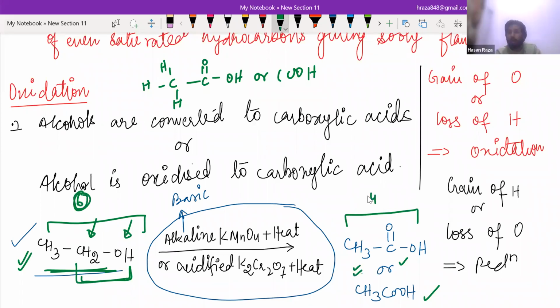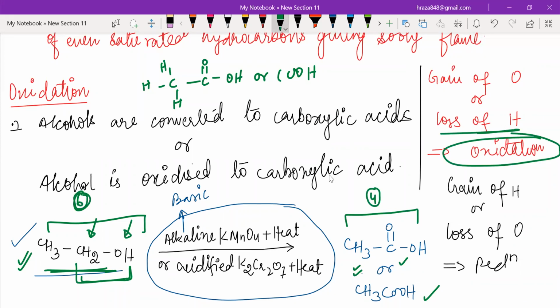That means loss of hydrogen is called oxidation. Oxidation took place or not? If someone is losing hydrogen, that means oxidation of that substance has taken place, right?